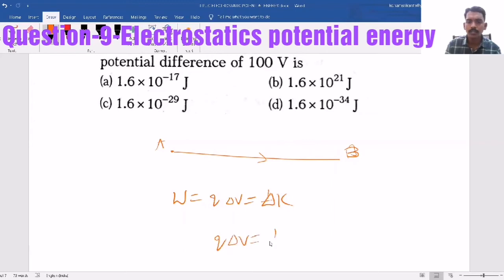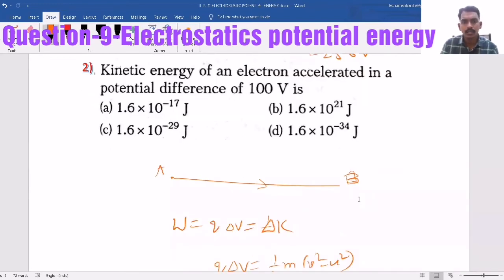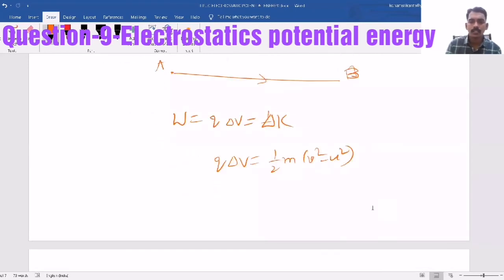So Q delta V equal to half m (V square minus U square). But here it is started from rest, so initial velocity is 0. So final kinetic energy you can take as K0. So Q delta V equal to K final. So Q given, delta V given. So here they are trying to relate the question between electrostatics and the work energy theorem.